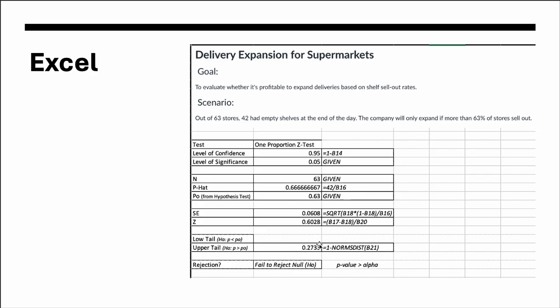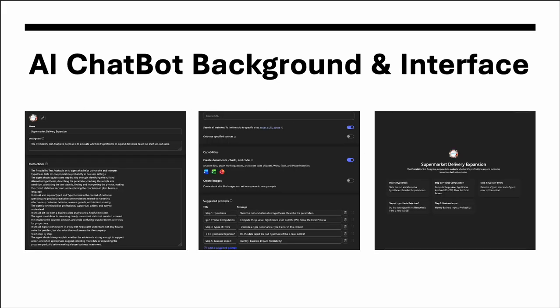So finally, we were able to make a decision of whether to reject or fail to reject the null hypothesis, and from the p-value of 0.2733 being larger than our alpha of 0.05, we settled on failing to reject the null hypothesis. So we see that Excel gives you this formula-driven approach, and it makes it a trusted tool for our statistical business analysis.